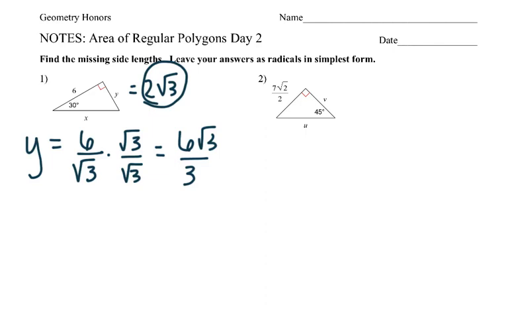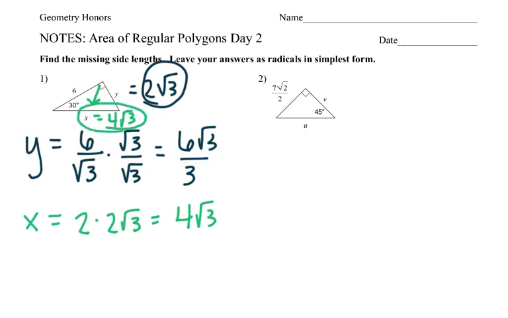For x, remember that that is the hypotenuse. It's opposite the 90-degree angle. So we're going to take our short leg, 2 root 3, and multiply it by 2. So 2 times 2 root 3 is the length of x. And 2 times 2 is 4 root 3s. So x is equal to 4 root 3 up here.